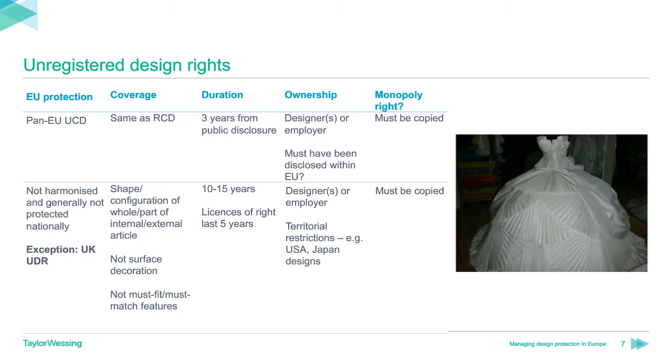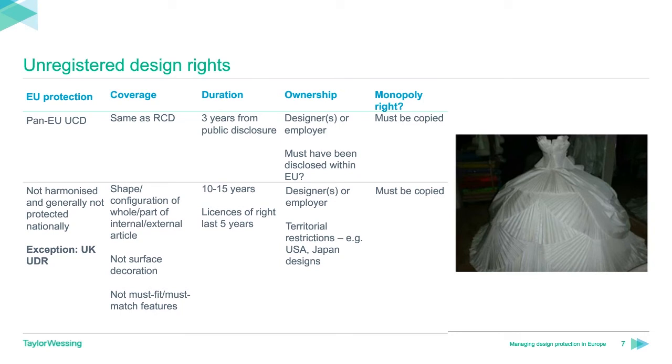In terms of duration, it's between 10 to 15 years, depending on whether the design was first marketed within its first 5 years, and defendants can seek a license of right in the last 5 years of its term. Same rules on ownership, but an added potential issue with designs originating from the US or Japan, for instance, which may not be entitled to UK designer protection because of the lack of reciprocal agreements in that area.